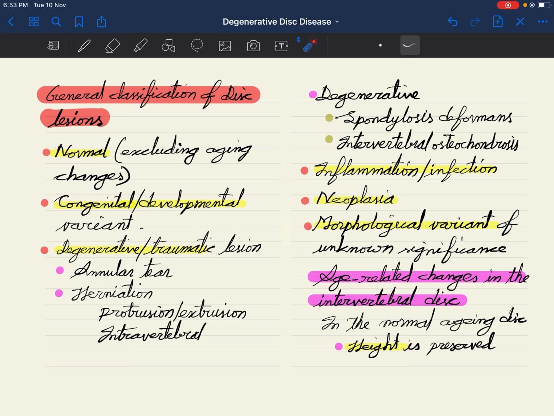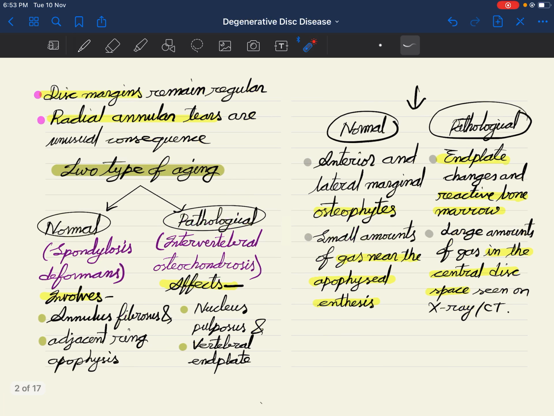The height should be preserved in a normal aging disc. Also, disc margins should be regular in normal aging, and in normal aging radial annular tears are an unusual consequence. So aging may be normal or pathological.